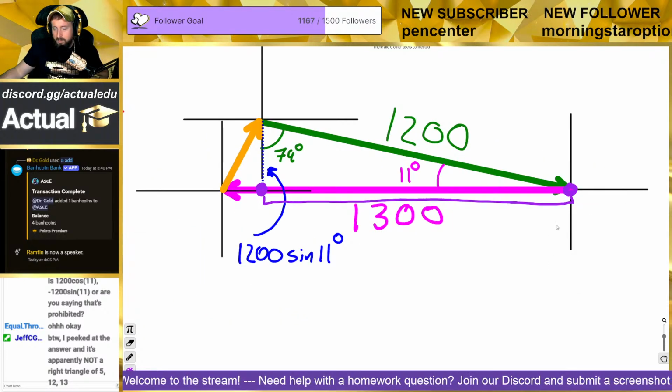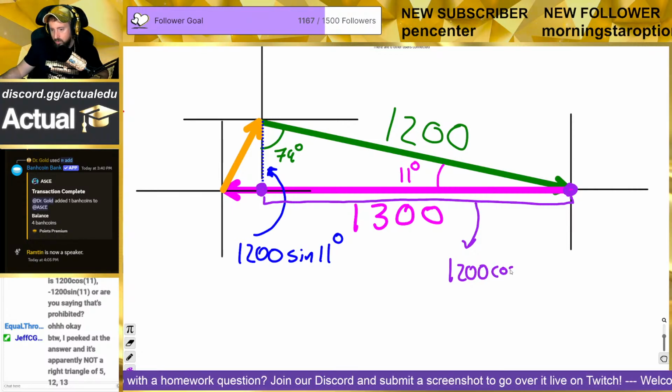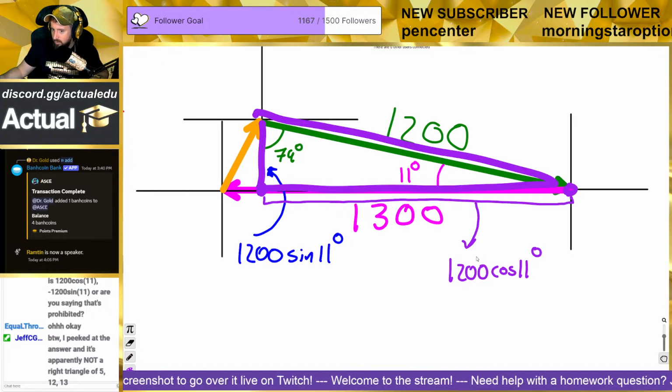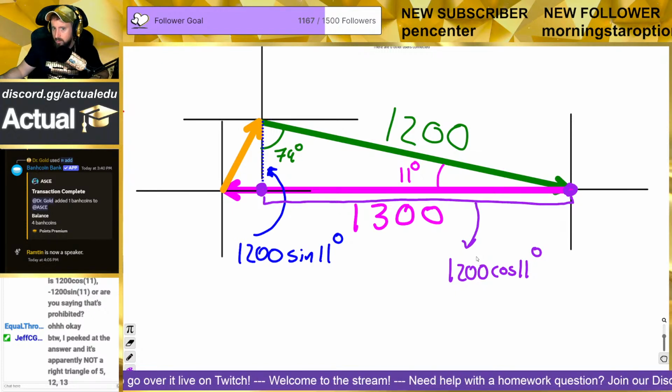That length is going to be equal to 1200 cosine of 11 degrees. Do you understand why this length in this triangle is 1200 cosine of 11 degrees?